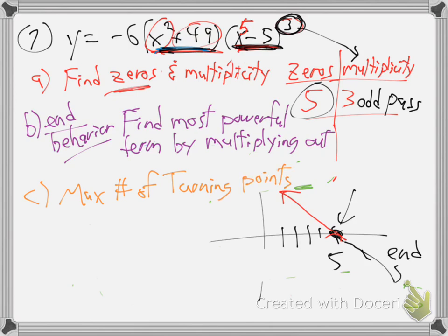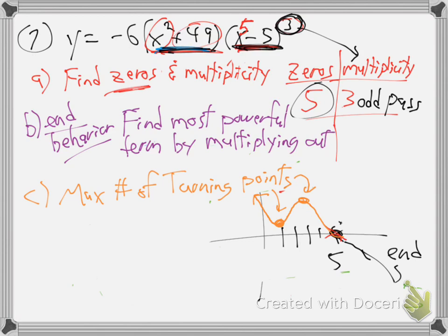Now, first off, what is a turning point? Well, it's where the graph goes up to down, like a roller coaster or something, right? Where it's going up, then it goes down, or going down, then it goes up. Where it starts shifting. Like, maybe this graph out here, maybe it's going to go up and then down and then back up again. These guys would be turning points.